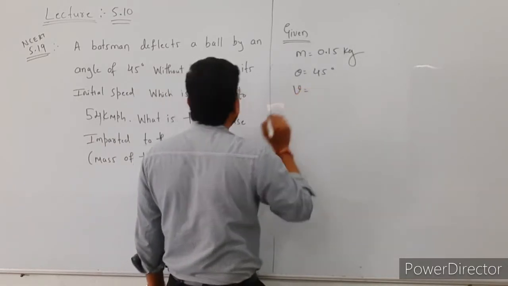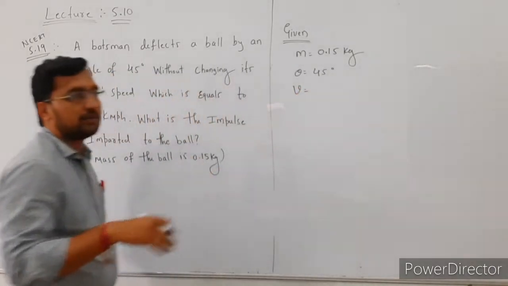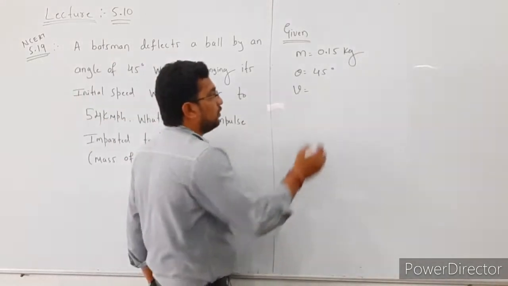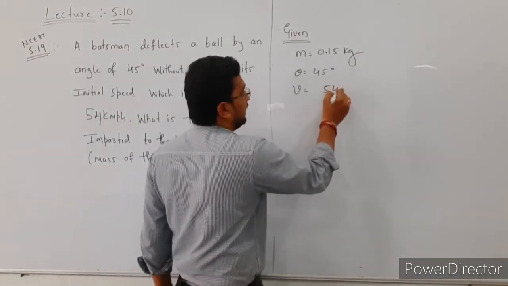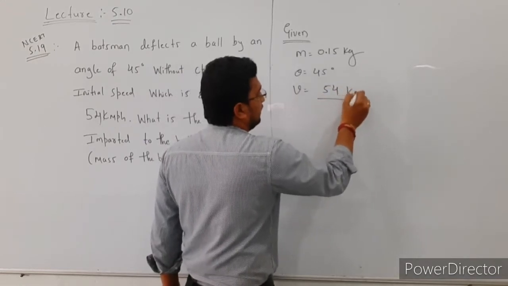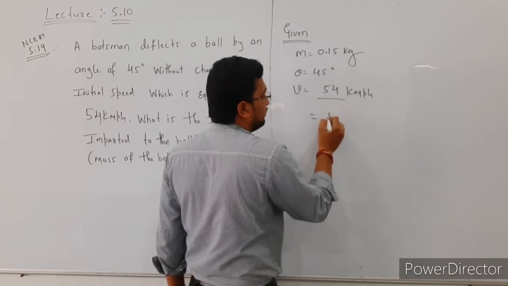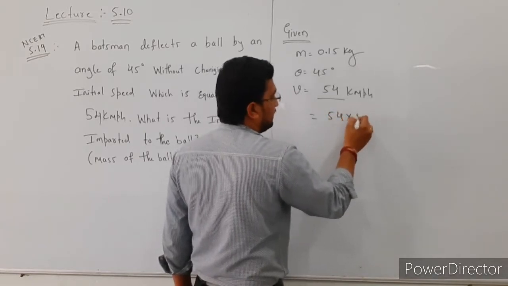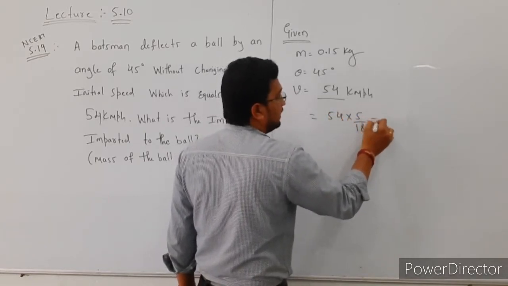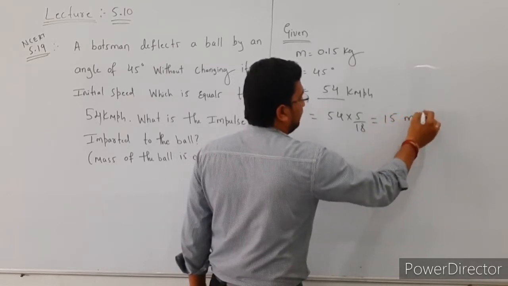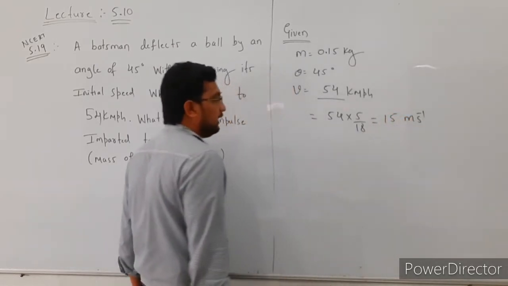Here the initial speed and the final speed after collision are both the same. Then v is equal to 54 km per hour. Convert this into meter per second by multiplying by 5 by 18. So this is equal to 15 meter per second.